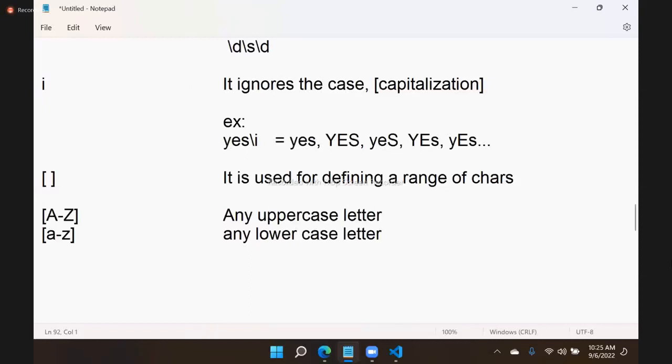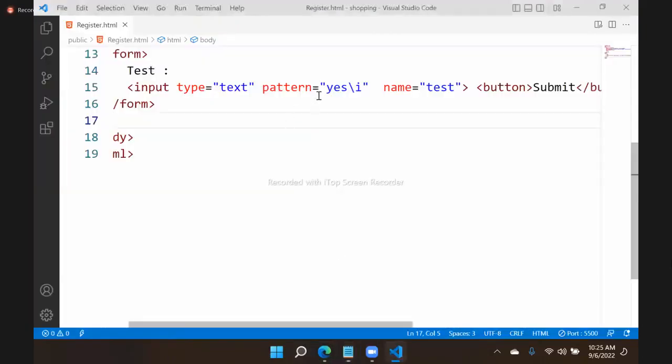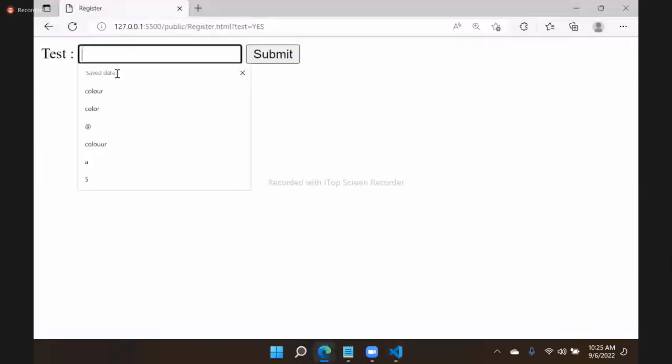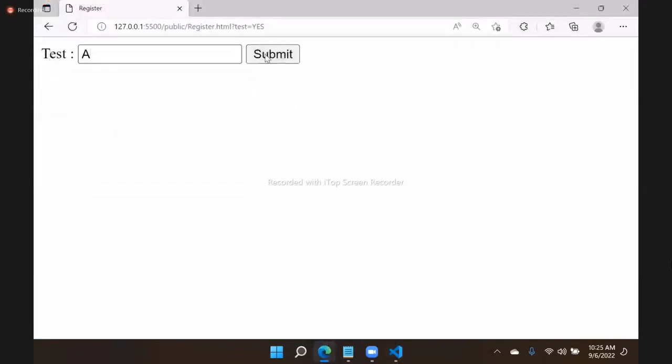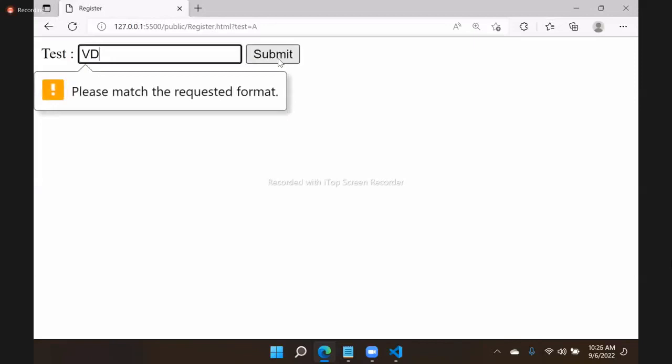That means if I am writing A hyphen Z in square brackets, this indicates one uppercase letter, only uppercase. If I entered a lowercase letter, it is not allowed. If I entered A, that is allowed. A, B, D together is not allowed.